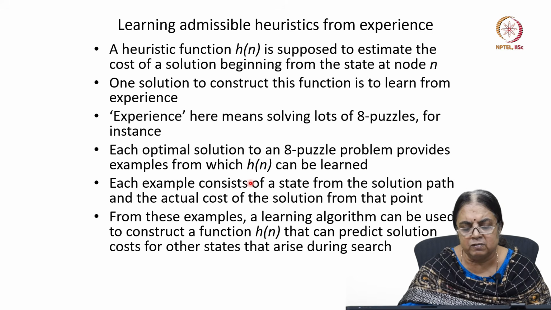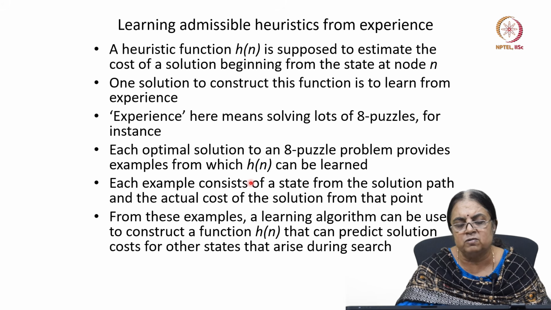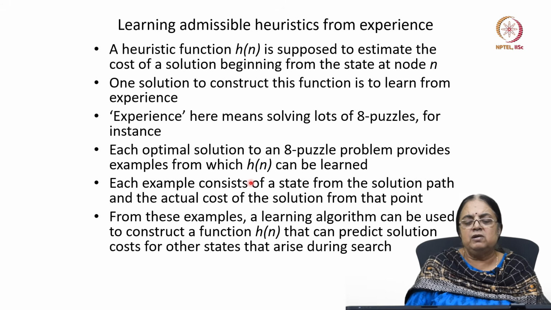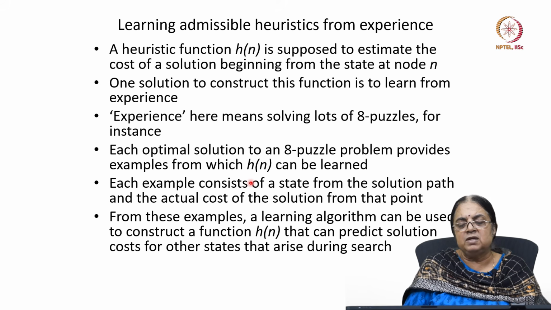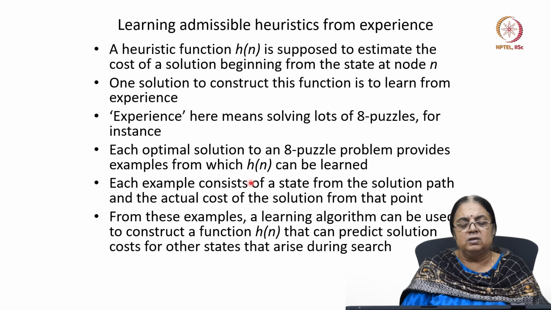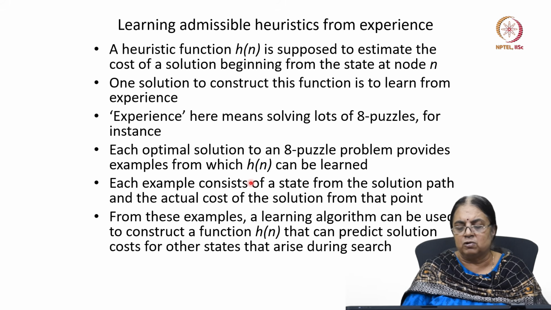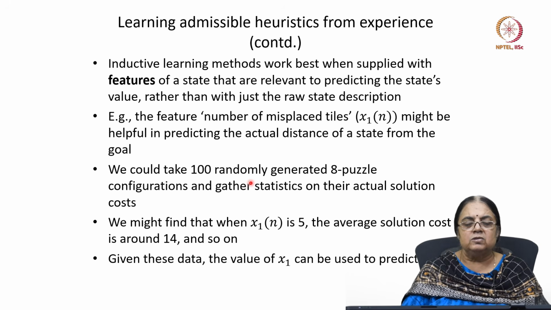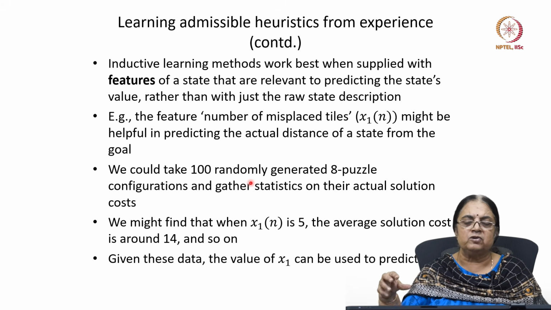Another approach is that you can learn from experience. You run a lot of 8 puzzles, and from these you see what experience you have. When you find the optimal solution to an 8 puzzle, it provides examples from which h(n) can be learnt. A learning algorithm can be used to construct a function that predicts the solution costs. You have a number of features of your problem.